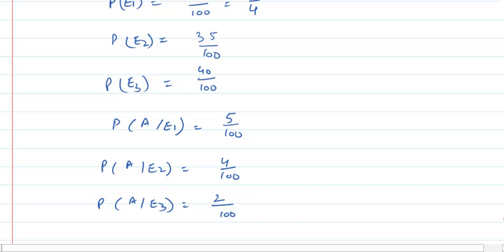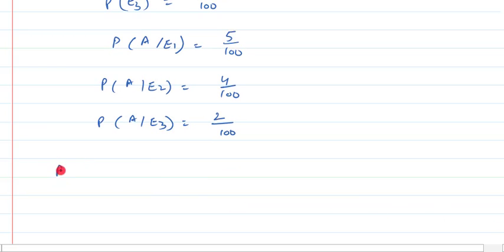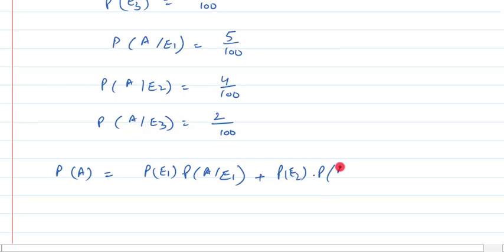Now we need to calculate PA, meaning the selection of a defective bolt. So this is PE1 into PA by E1, the first case when a bolt is selected from machine A and then a defective one from it, plus PE2 into PA by E2, plus PE3 into PA by E3.